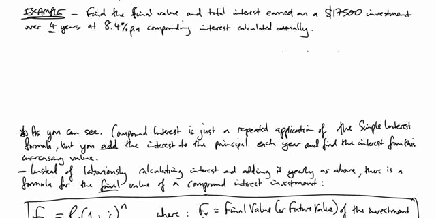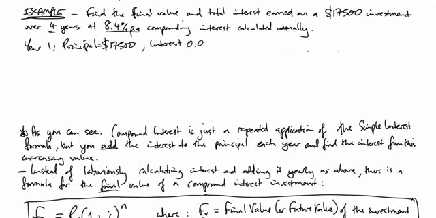So in year 1, the principal, what you start off with, is going to be $17,500. The interest is going to be 8.4% of the principal for this year.